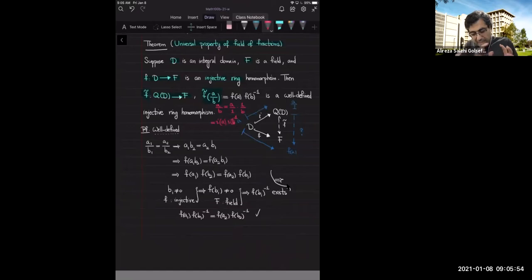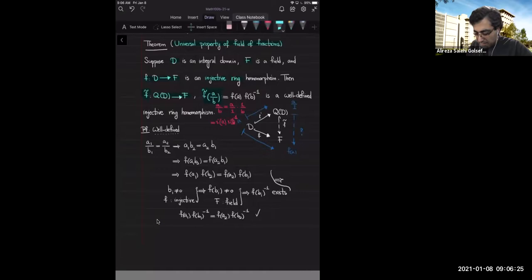So the copy of D inside Q of D is given by I. Any element of the field of fractions is one element inside this copy times the inverse of the other one. And if my F tilde is supposed to be compatible with F that we have, that means I have to define it like this: F of the numerator times the inverse of F of the denominator. Okay, so that's how we are defining it.